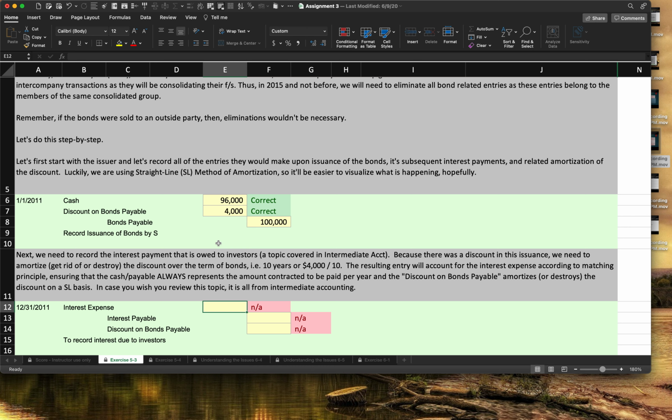Interest payable or cash can both be credited to show that we owe money and that we have paid or we haven't paid. But either way, it's some sort of a payable that we need to pay them. And that's probably the easiest part, right? Because we know that the interest payable or the cash that we need to pay is 8% of $100,000.